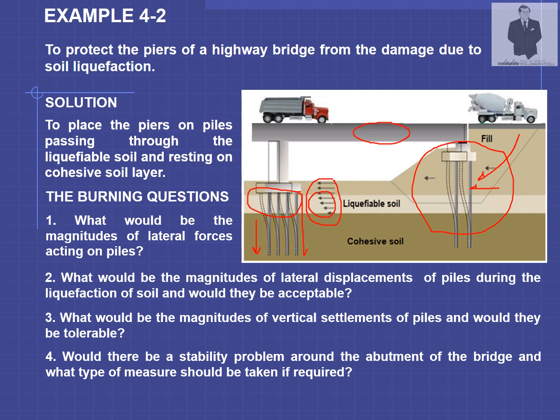It may cause the bridge to collapse or displace laterally. And this will make the bridge dysfunctional again. We don't want this. If the piers are not necessary for the stability of the fill, then we should take additional measures to stabilize the sliding mass.